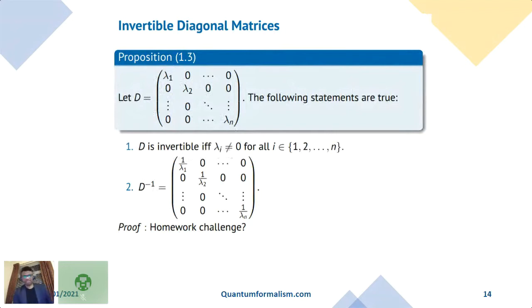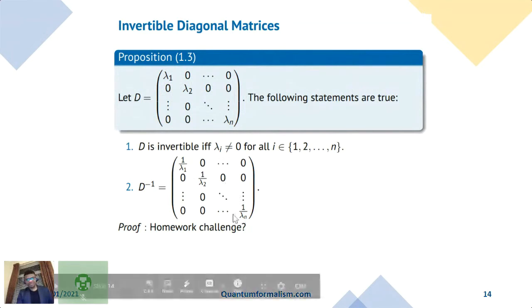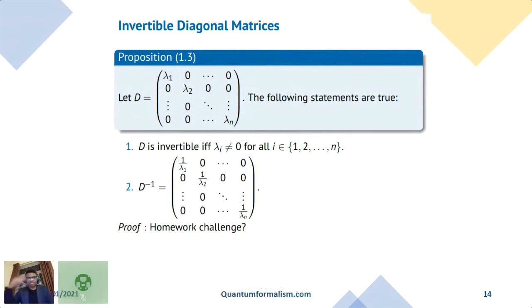I think you already proved this in one of the past sessions. The second claim is that the inverse of D is of this form. This is very easy, and you already did this in the previous session. I'm just refreshing you, because next week diagonal matrices will play a very important role in some of the results we will be exploring.